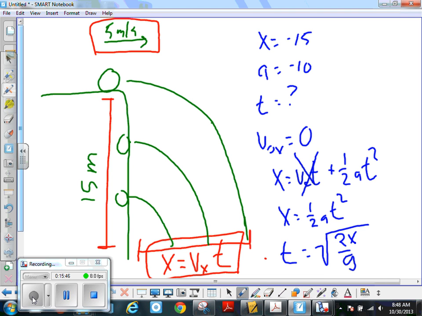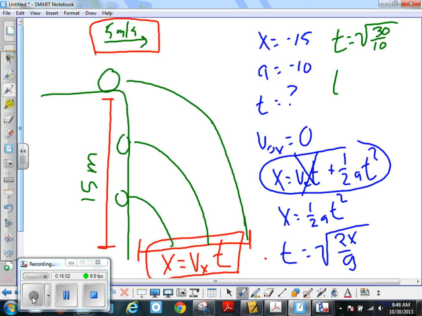Just keep in mind it comes from here. So to actually find the time then, my time for this ball is equal to the square root of 30 over 10. My time is equal to the square root of 3. Any questions about that?